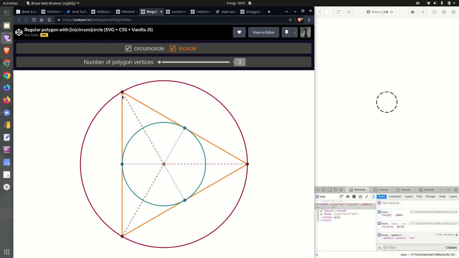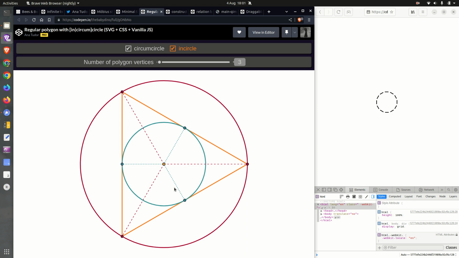Now in this case, these radii, right, split the vertex angles into two, and the continuation, right, goes and is perpendicular onto the edge and splits these base angles into two equal halves.